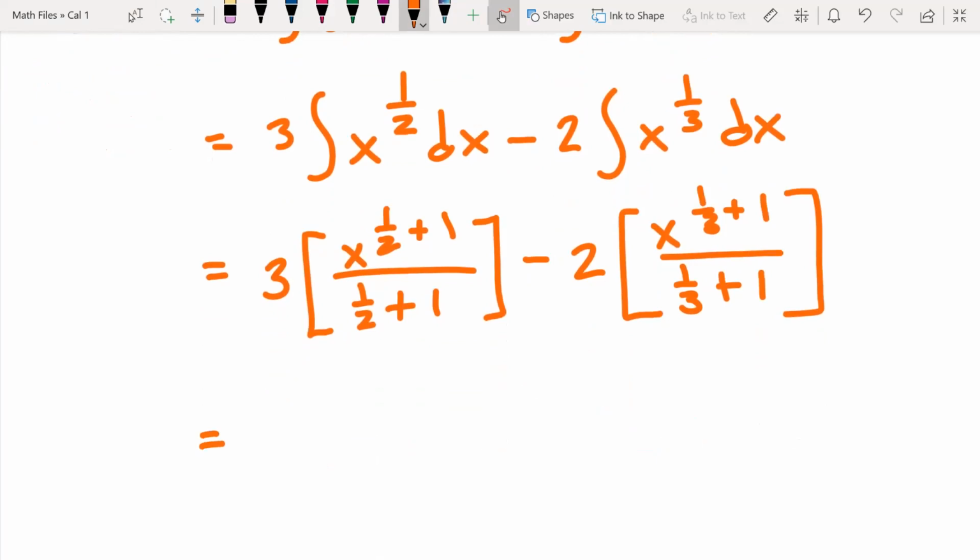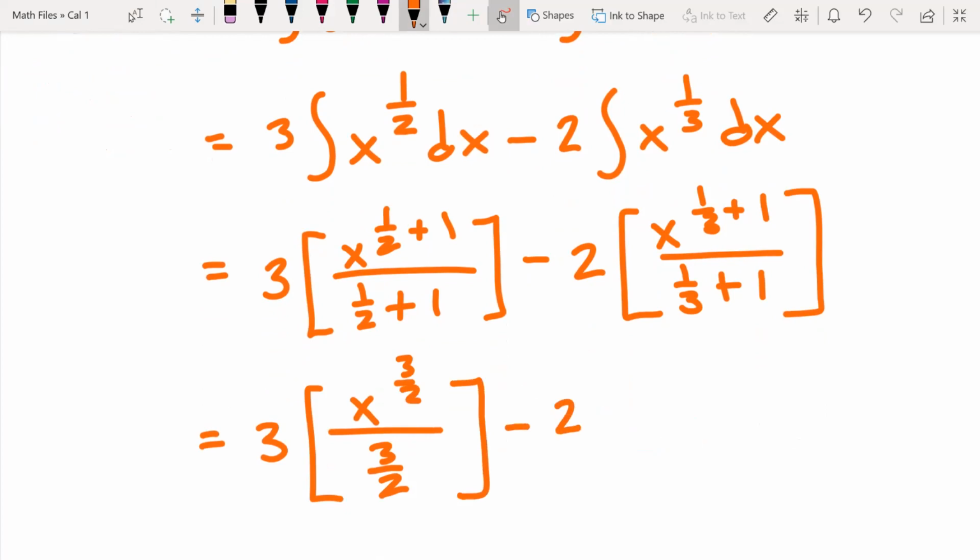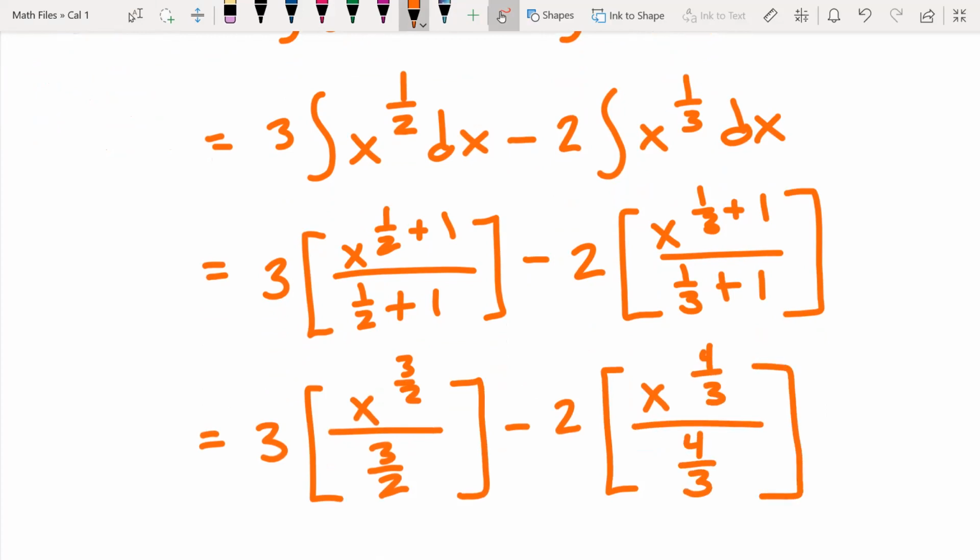Add your fractions together and you'll get 3 times x to the 3/2 over 3/2 minus 2 times x to the 4/3 over 4/3.